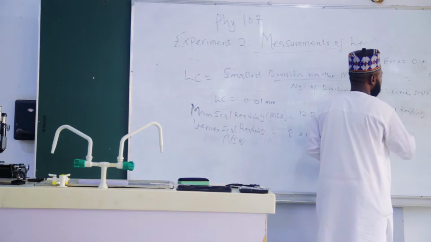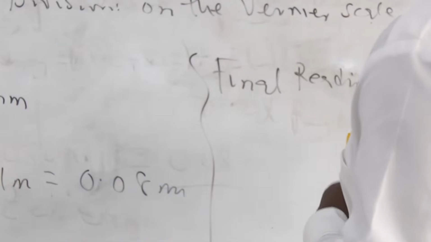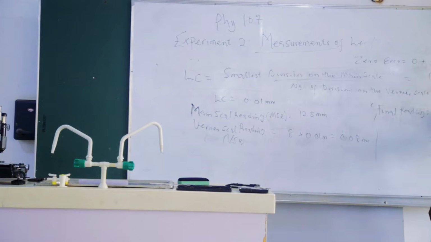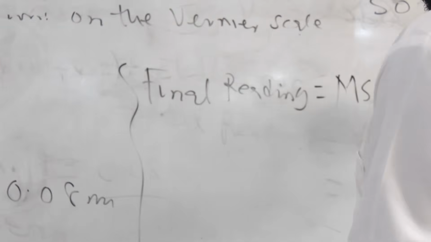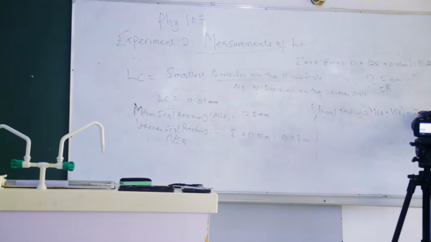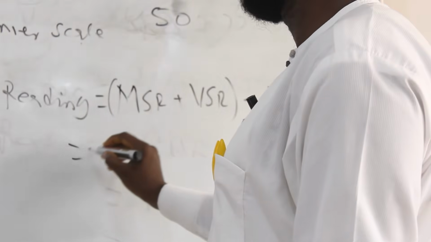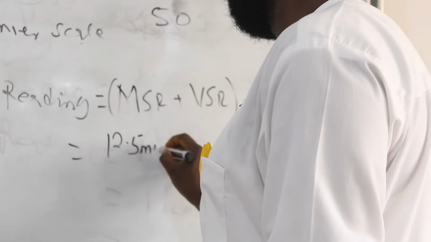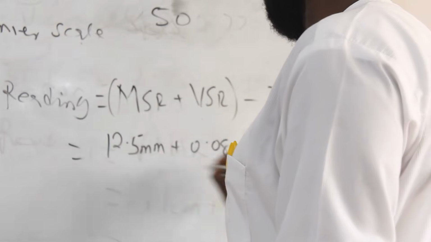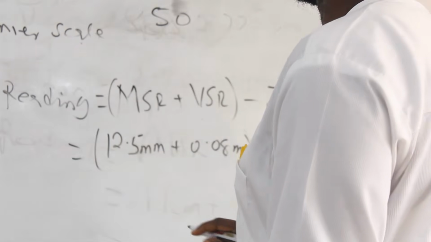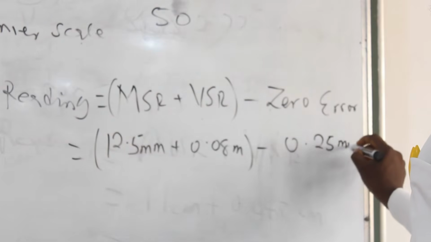So our final reading, before the zero offset, is equal to our main scale reading plus our vernier scale reading minus the zero error. So this will give us 12.5 millimeter plus 0.08 millimeter, then minus the error we obtained, which is 0.25 millimeter.